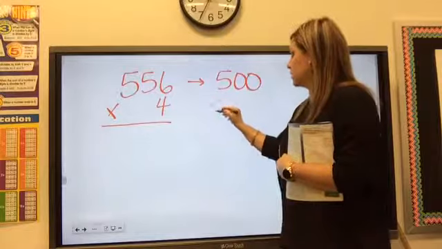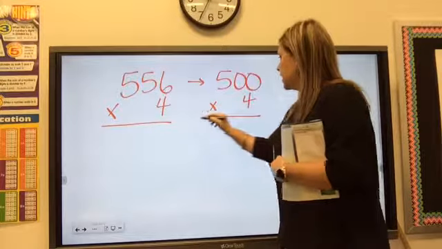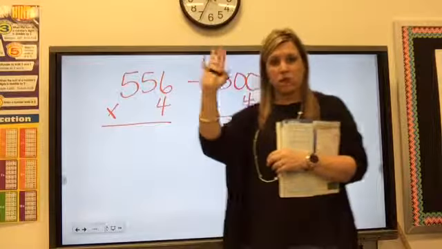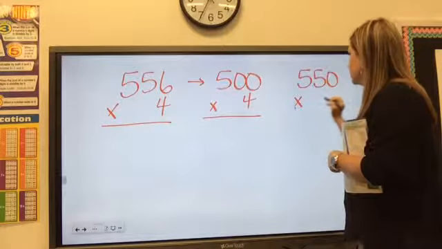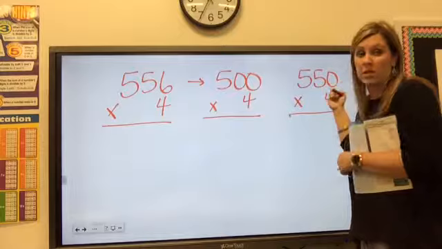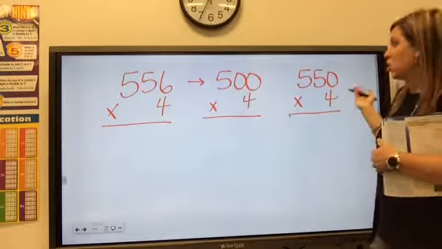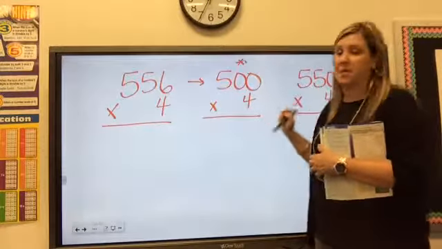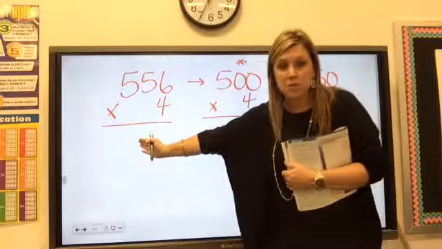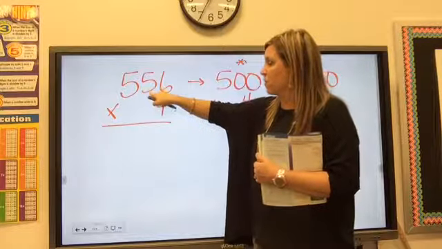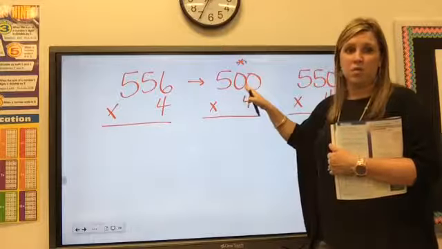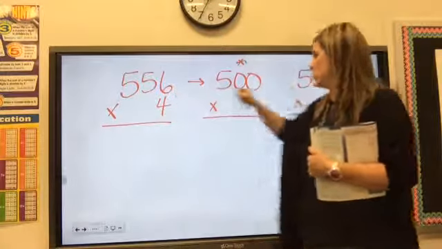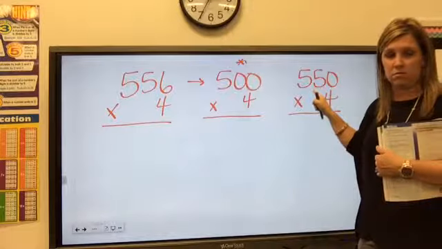500 times 4. Now, somebody's going to say, but Miss White, can I say 550 times 4? Because I'm still using one zero, and the answer is yes. This one right here, 500, is probably going to be the farthest from the actual answer, because you're moving from 556 to 500, which is 56 numbers away, whereas you're only moving 6 numbers away here.